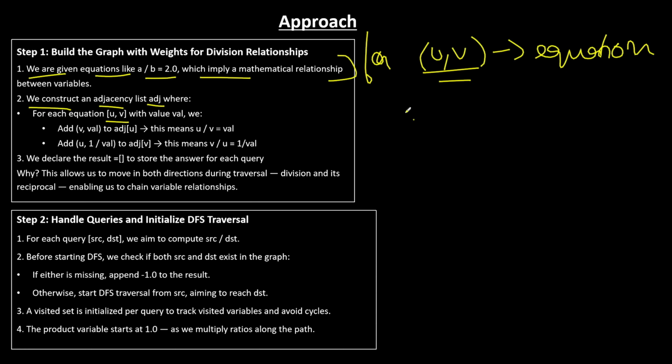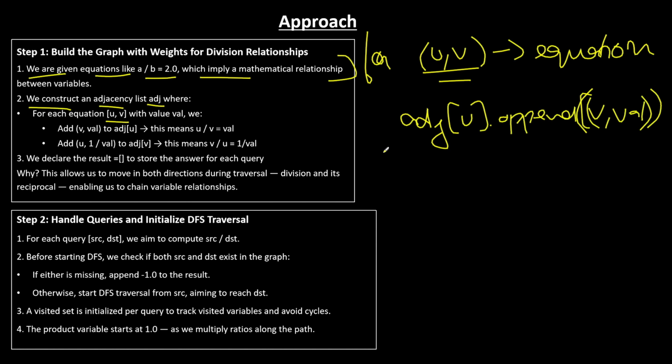Then what we will do is create adjacency of u to v, which is originally given to us, and append v with the value. Then for adjacency of v, we append u with 1 by val.